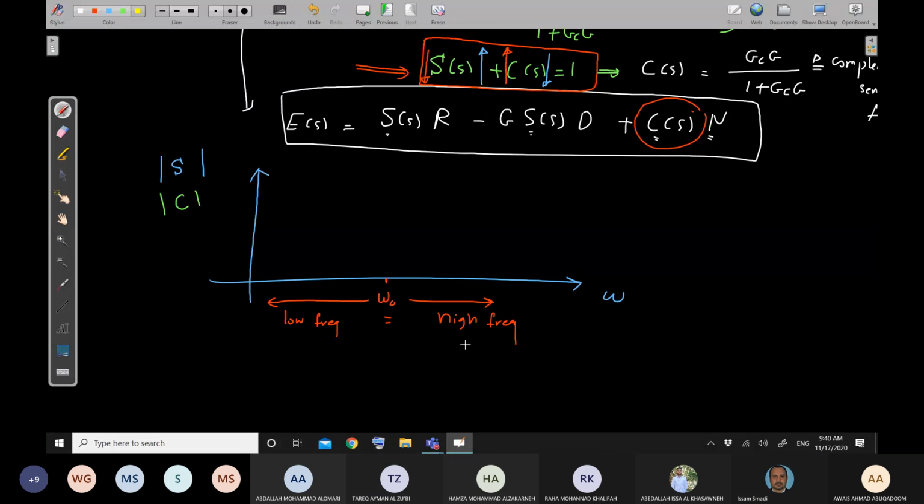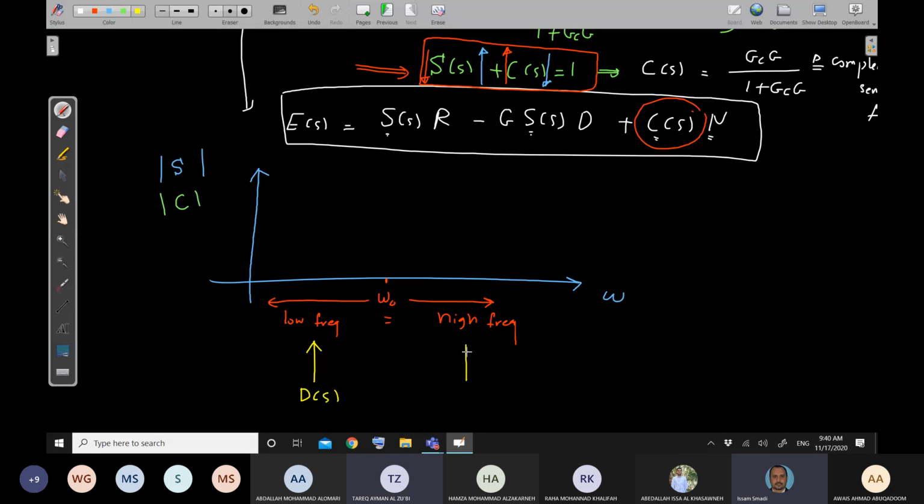Can you give me an example? Wind speed. The wind speed or the wind direction is a disturbance. Can the wind direction and speed change in a high frequency pattern or a low frequency pattern? Low. So this means the disturbance is characterized here.